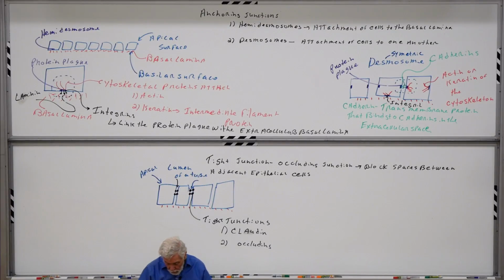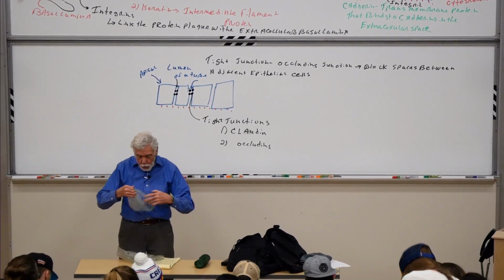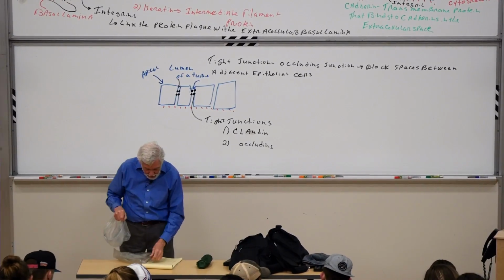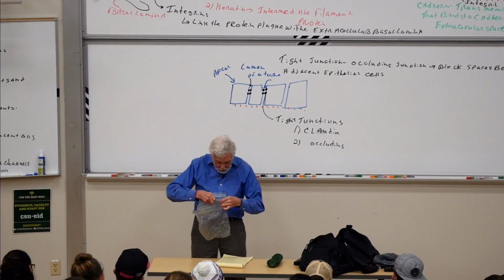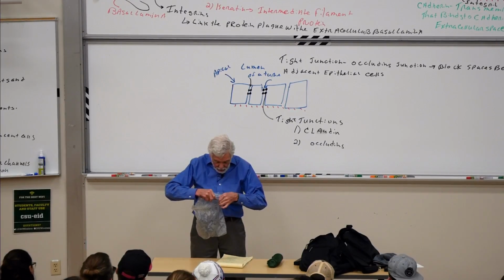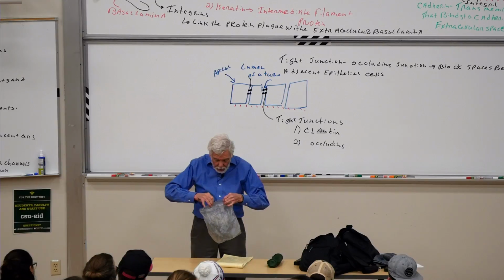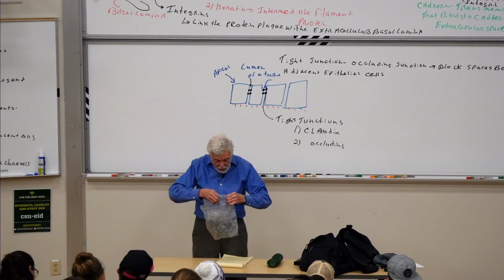Now I tried to do this in the first period, I failed, so I'll try it again. What you're looking at here is two Ziploc bags, turned inside out. Sometimes they make this work and sometimes they don't. If you imagine getting these zippers lined up just right, which I'm failing to do, you can now zipper these two Ziploc bags together, one to the next.